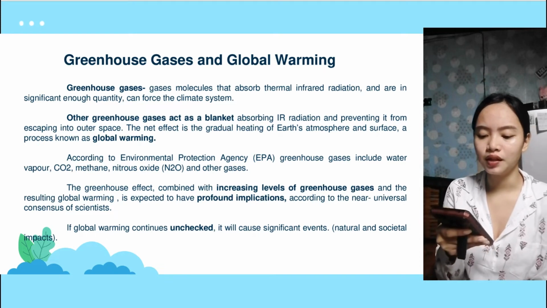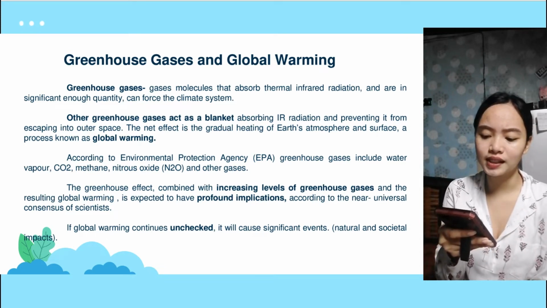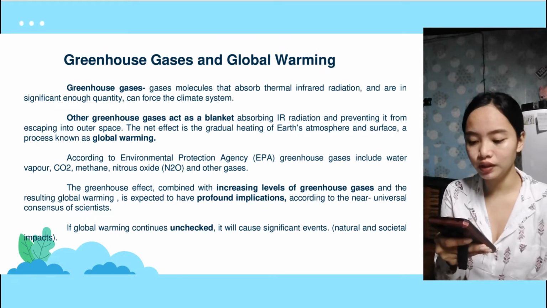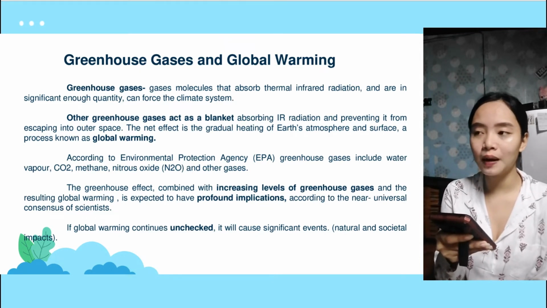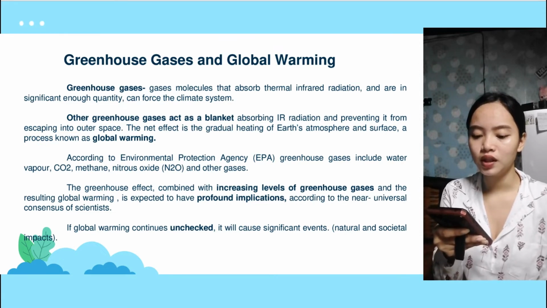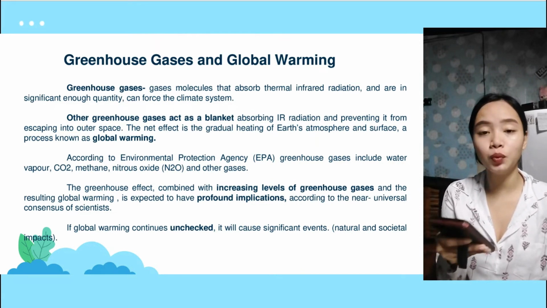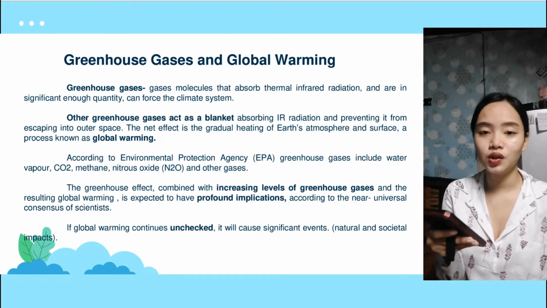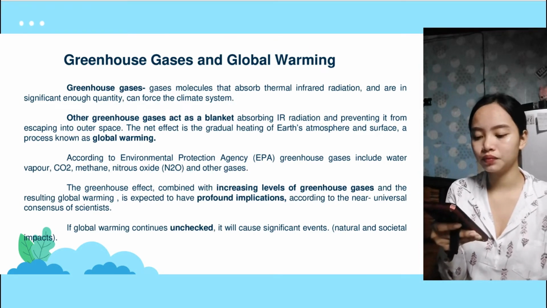So, greenhouse gases act as a blanket that absorbs radiation and prevents it from going into space. This net effect is the gradual heating of Earth's atmosphere and surface, a process known as global warming.